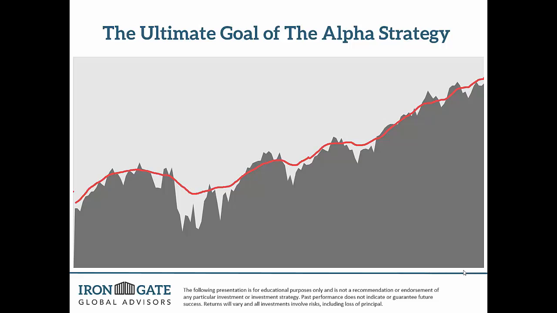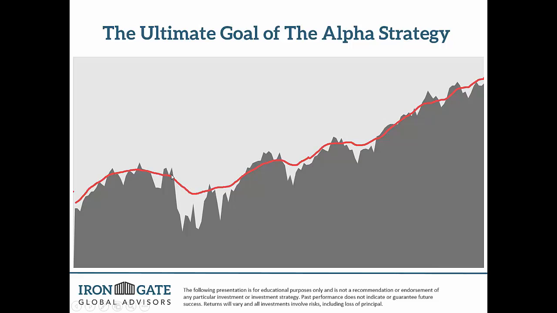So the goal of this strategy, and the way that we implement options, not just this strategy but other strategies as well, is to have a portfolio that is more like that red line that I drew. That's just an example. During the major downswings of the market, if you can outperform the market in that you lose less, people love that. That's what everybody wants.